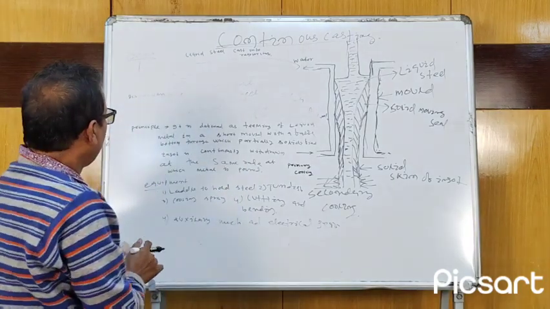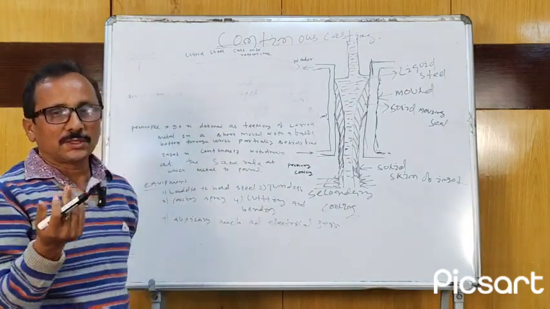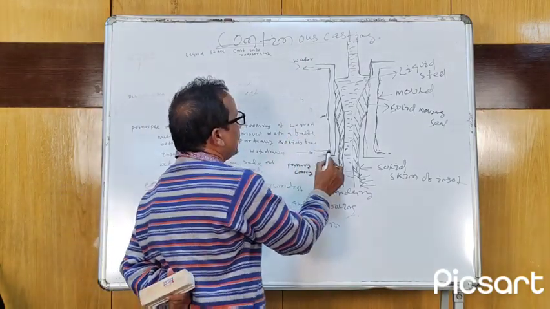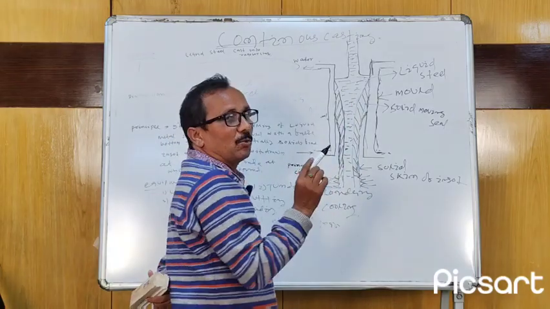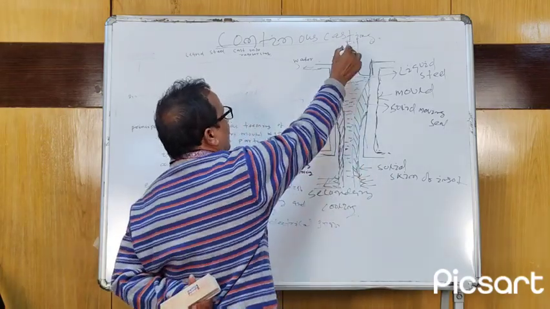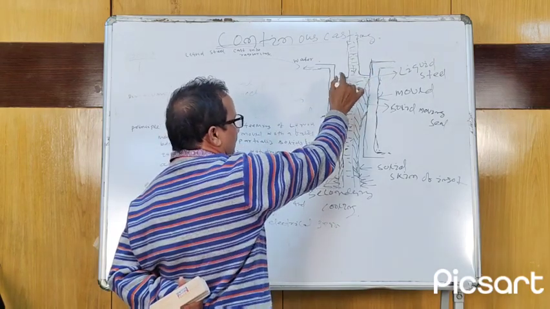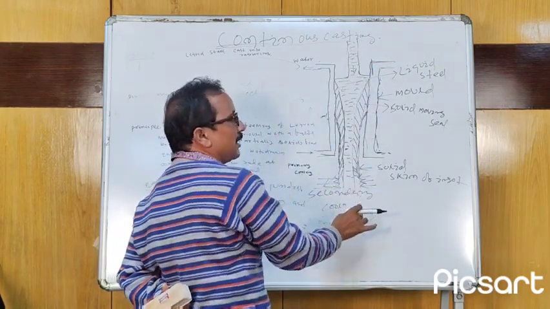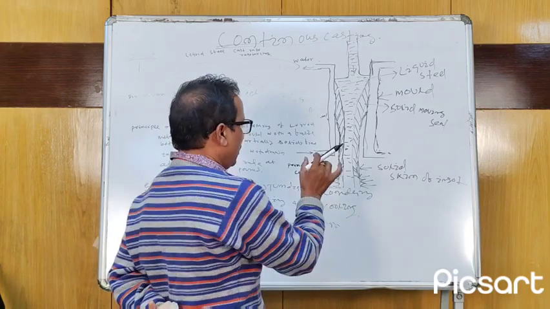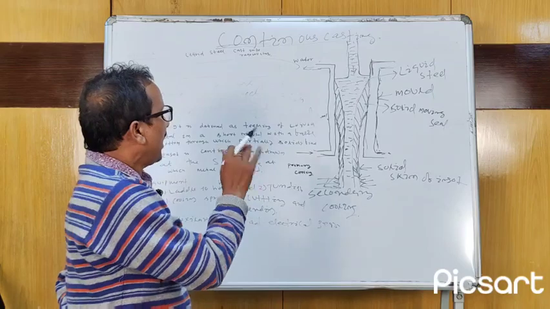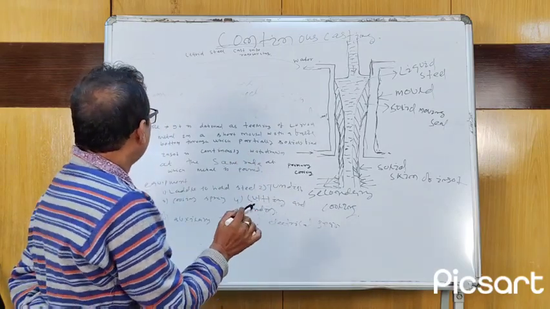This is a mold, and the metal is poured directly from hot metal, and it is directly converted into slabs or billets or whatever it may be. It will directly cast.